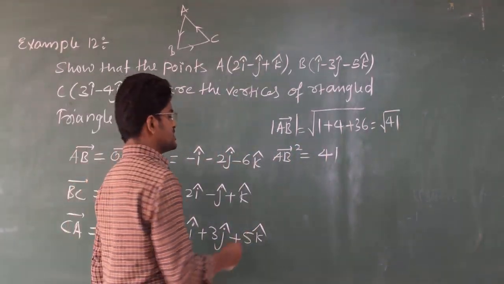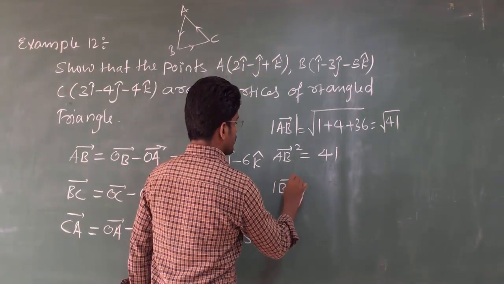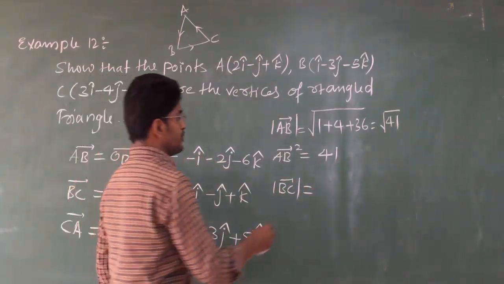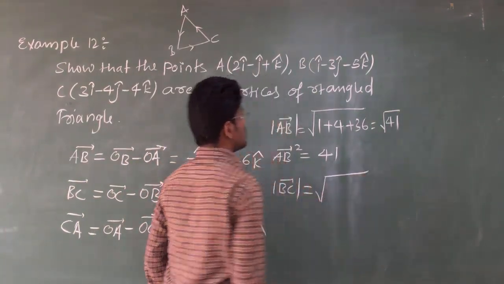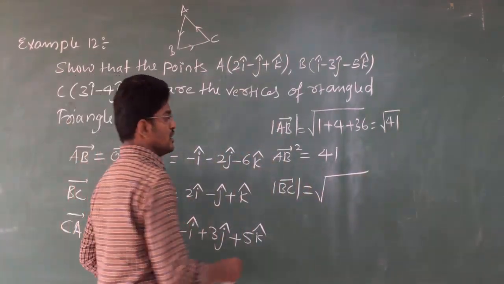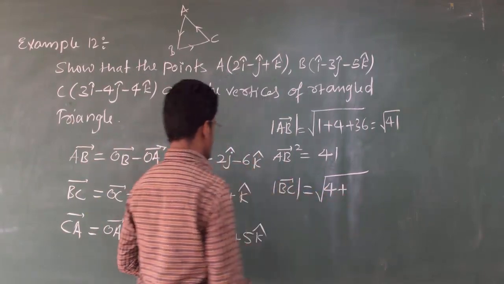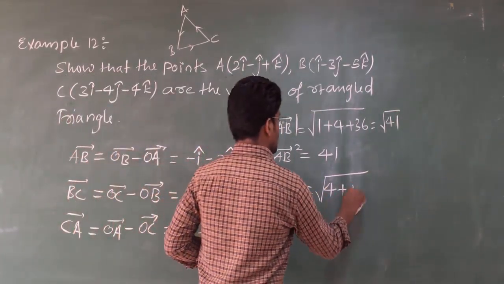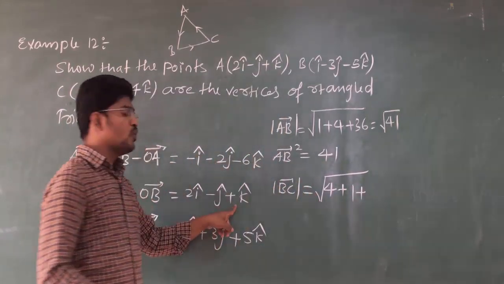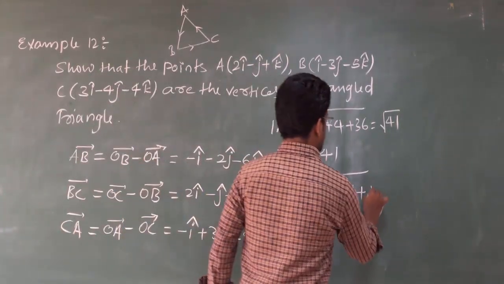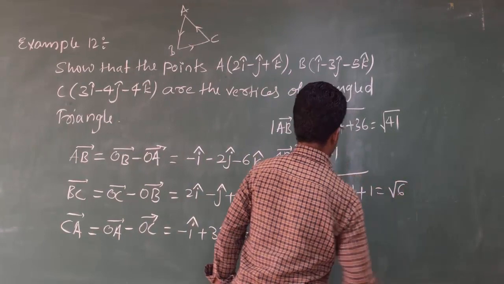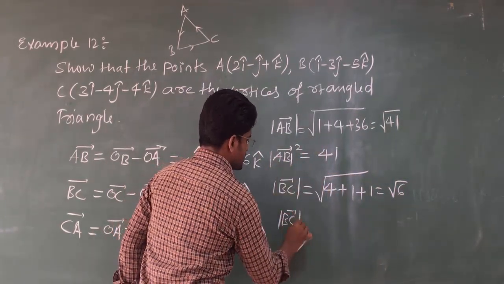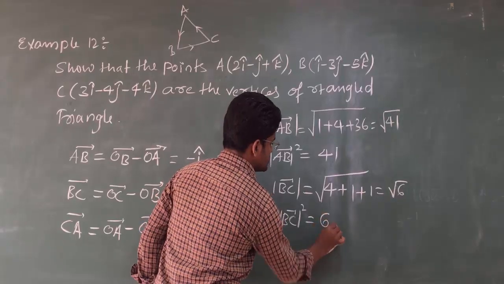Clear? Next, magnitude of vector BC. That is equal to square root of 2 square is 4 plus minus 1 square is 1 plus 1 square is 1. So this is root 6. So now magnitude of vector BC square will be equal to 6.